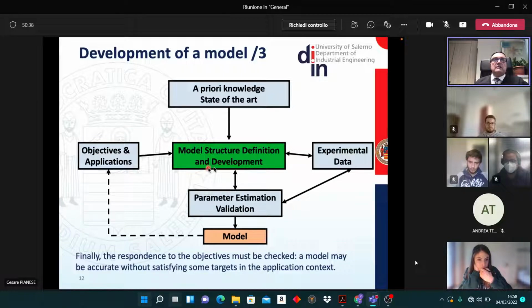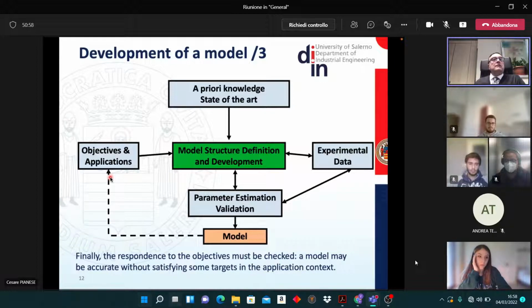The model structure could be right, or the experimental data could be right. The process of experimental validation is okay, but perhaps it is not enough for our purposes.